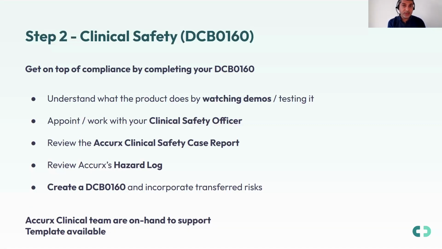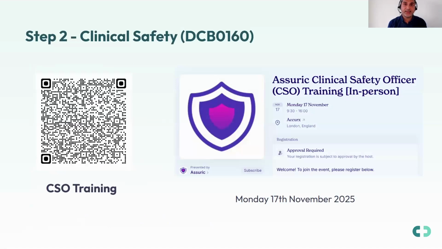Now, I talked about some resources we've got in-house. There are a couple of resources I just want to highlight at this point. The first one is CSO training. So Accurx are providing CSO training, so clinical safety officer training for practice staff. And if you would like to sign up for that, or send somebody from your practice who's a clinician to become a clinical safety officer, here's some details on that, and I'll share this towards the end as well.